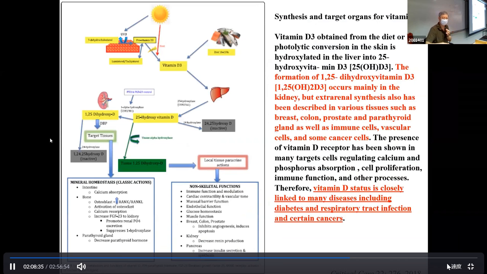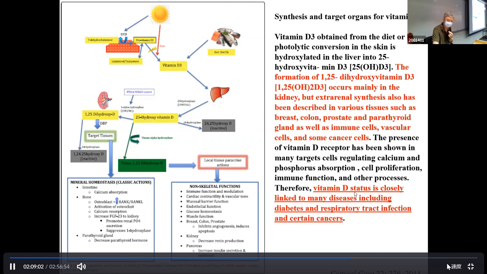This is just a diagram, which again, I won't spend time going through, describing how we make vitamin D, and then vitamin D may play a role in different biological systems. Highlighting here, vitamin D status is closely linked to many diseases, including diabetes, respiratory tract infection, and certain cancers.